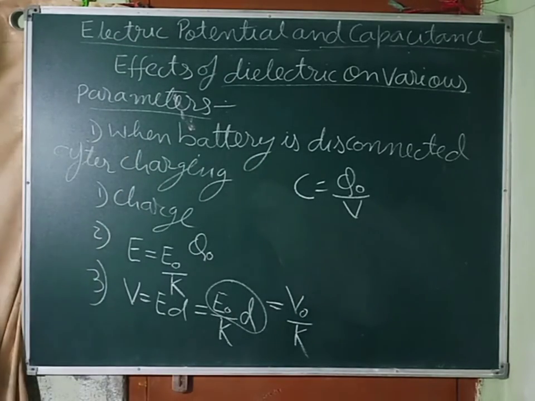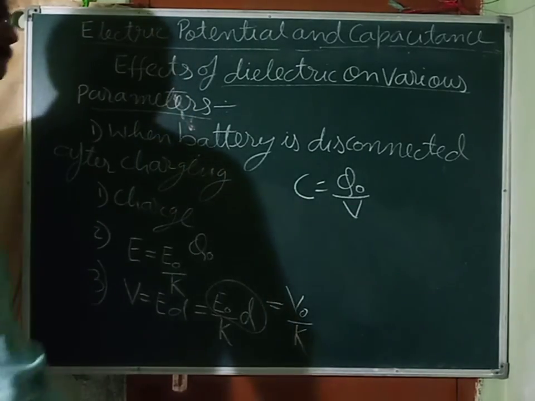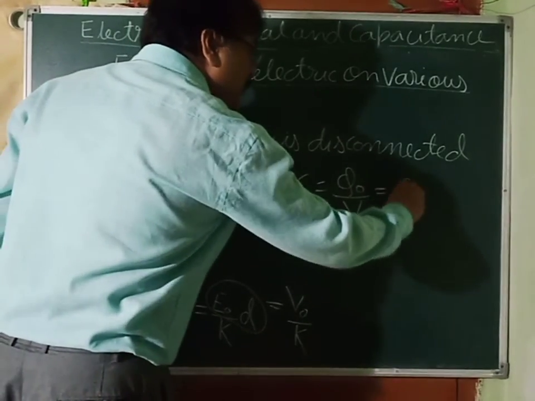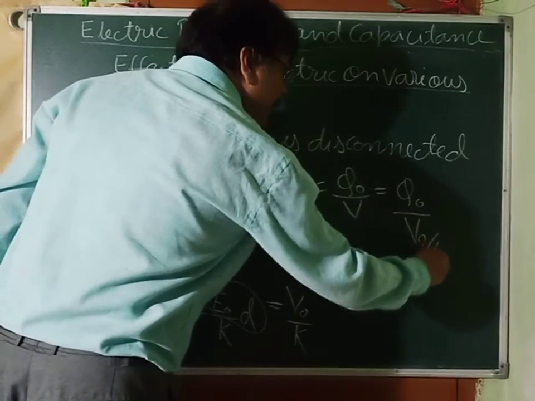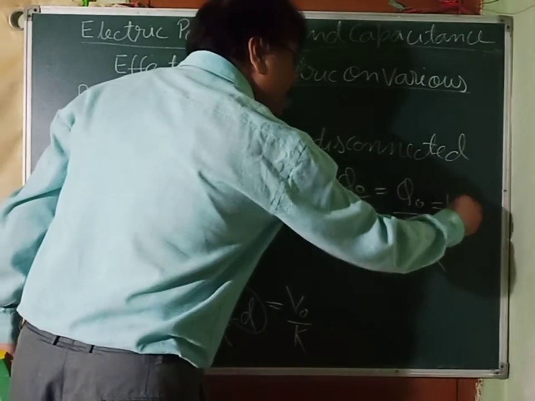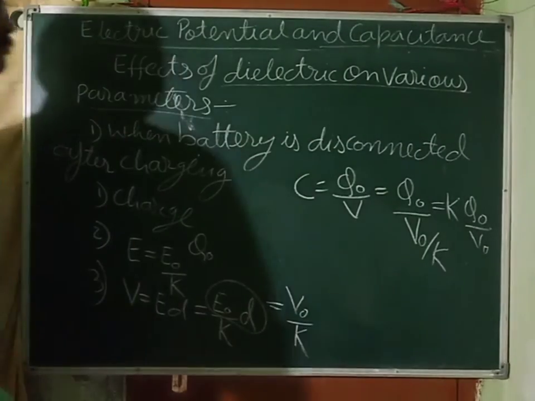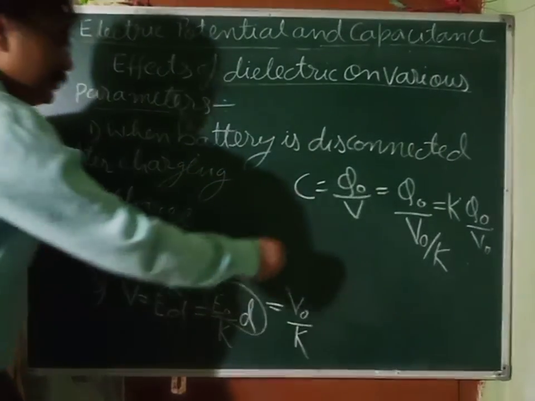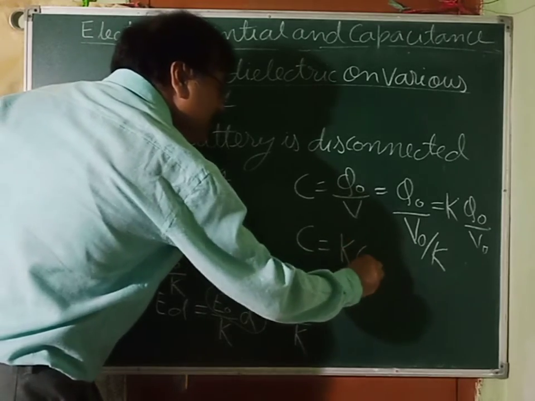So the potential has become V naught by K. So we put V naught by K here, and we get Q naught by V naught by K. That means we get K into Q naught by V naught. What is Q naught by V naught? It is C naught. So C is equal to K into C naught.